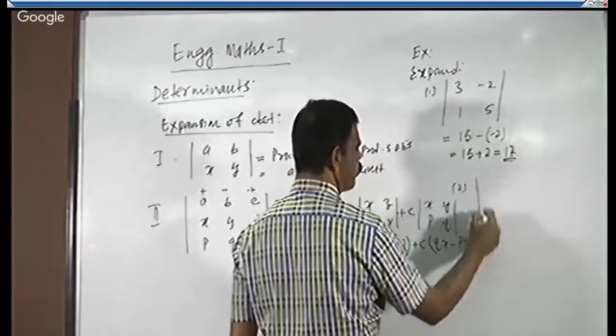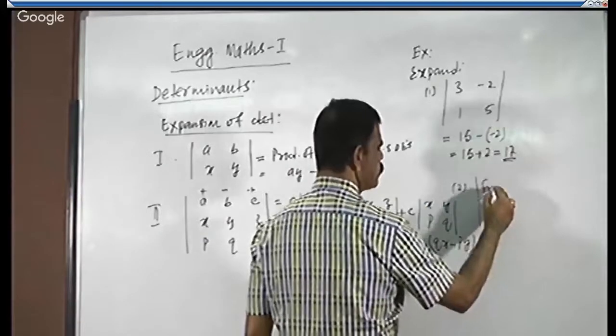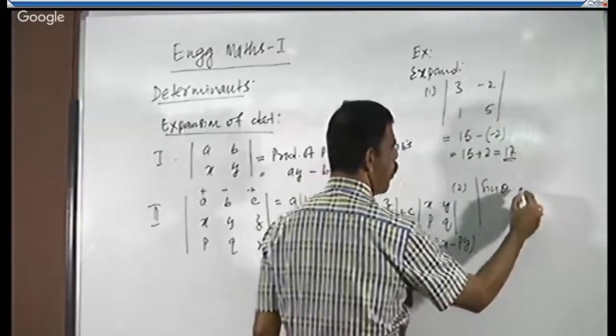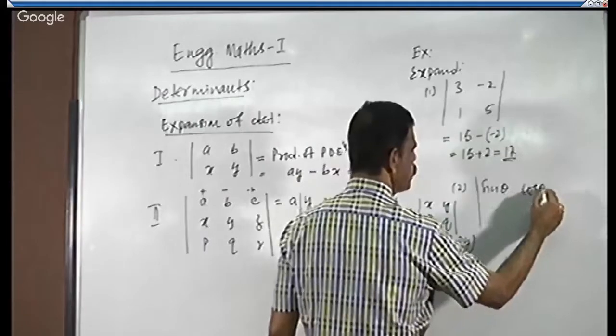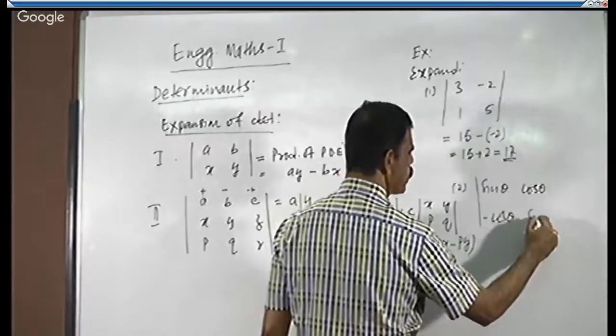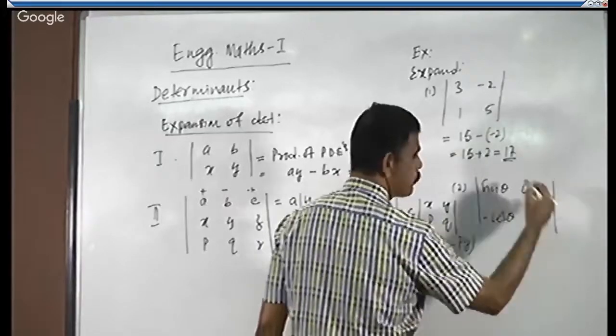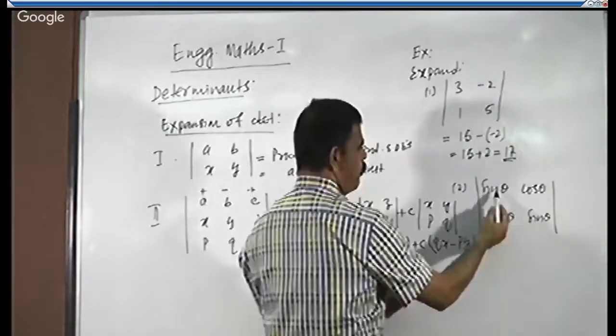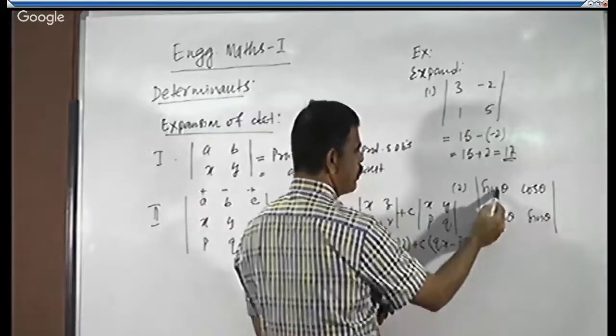Take a second example: sin theta, cos theta in the first row, minus cos theta, sin theta in the second row. Which are the principal diagonal elements here? Sin theta and sin theta.